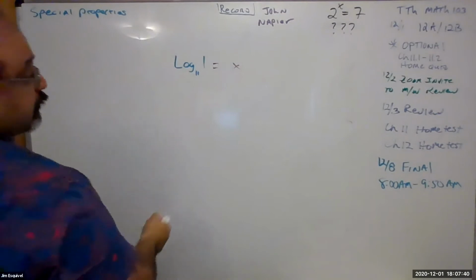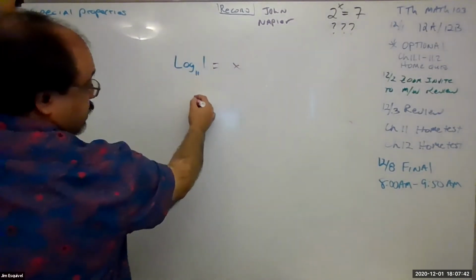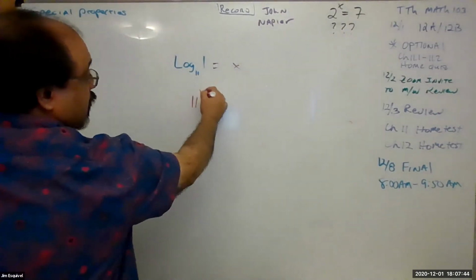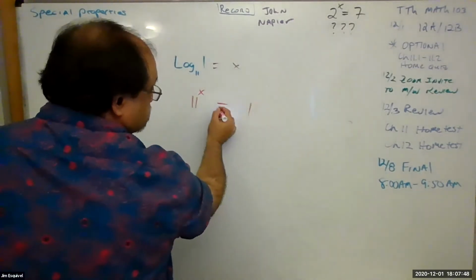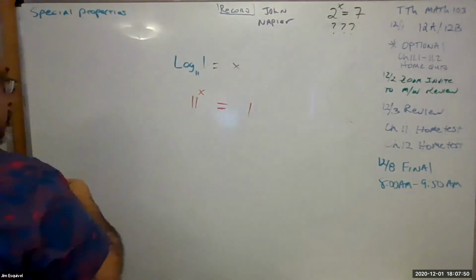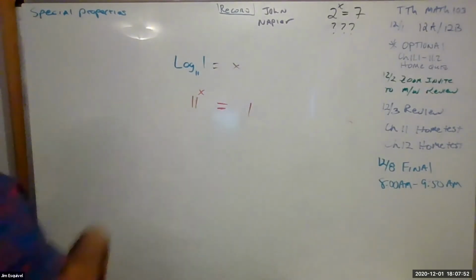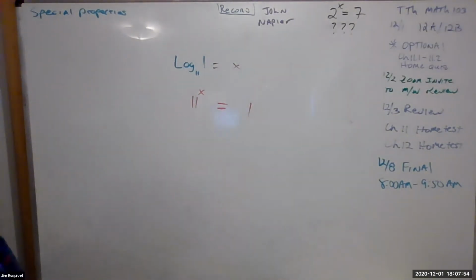So when you convert it, base 11 to the across x equals what's inside, 1. So on the left side, you have an 11. On the right side, you have a 1. Looking at your chart of all your exponents, what power, what exponent makes something into a 1?